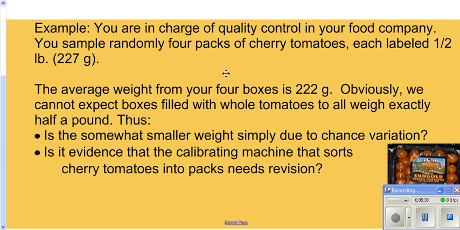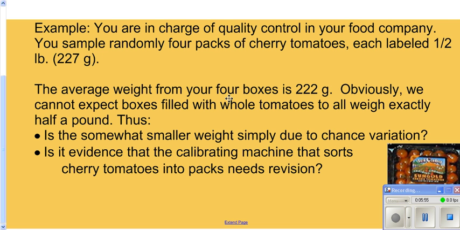So here we have a situation where we have 4 packs of cherry tomatoes, which is half a pound or 227 grams. The average weight from our 4 boxes ends up being 222.